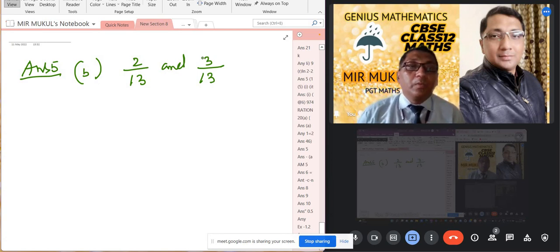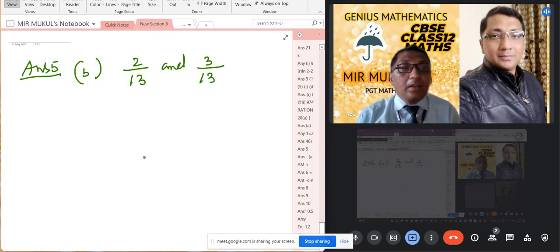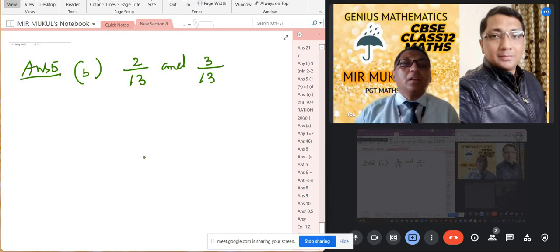No. Then what do we have to do? We have to multiply numerator and denominator by what? How many numbers do you want to find? 5. So you will multiply at least by 6, that means 1 more than that number. So at least 6. You can multiply by 7 also, 8 also, 9 also, 10 also, your choice.